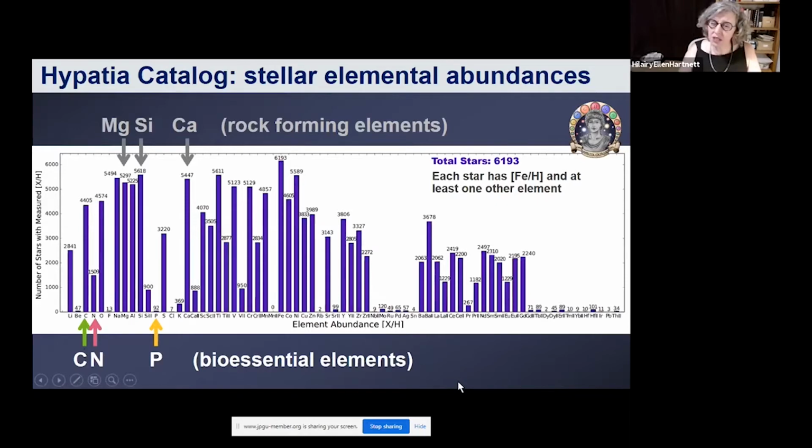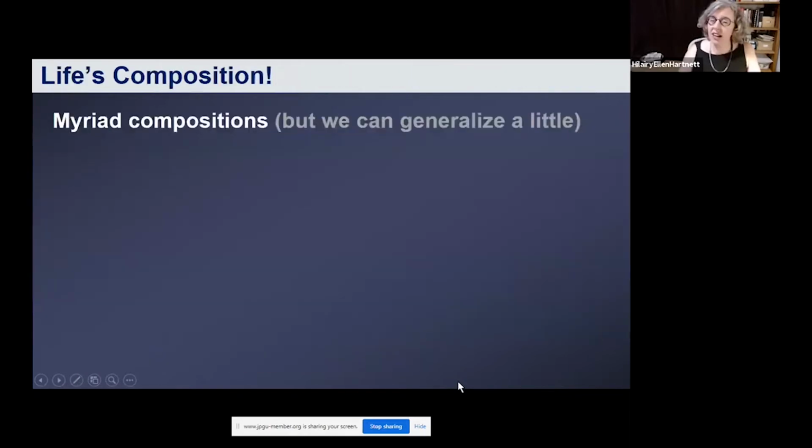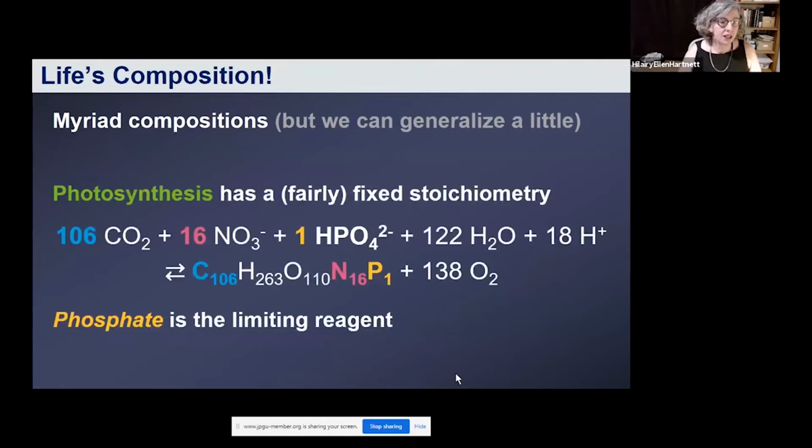So why are we interested in phosphorus? Well, from a biology standpoint, phosphorus is critically important. And life's composition, and there are many compositions for life, but we're going to generalize a little bit. Photosynthesis from algae in the ocean has a fairly fixed stoichiometry, a fairly fixed ratio of elements that are needed.